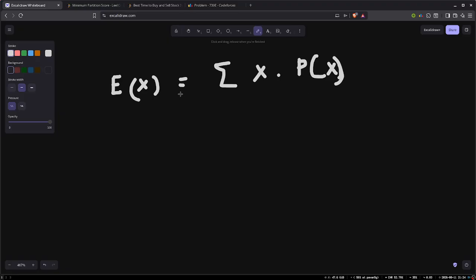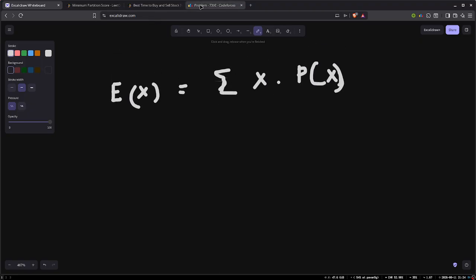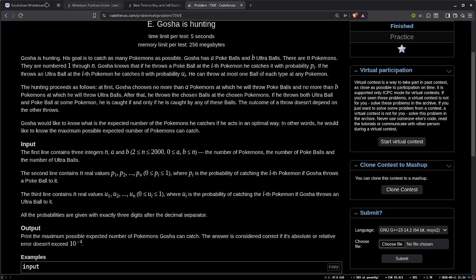The expected value of an event is x into probability of that event. Expected value is the actual value times its probability. So that's a prerequisite. That particular formula would be a prerequisite for this one.